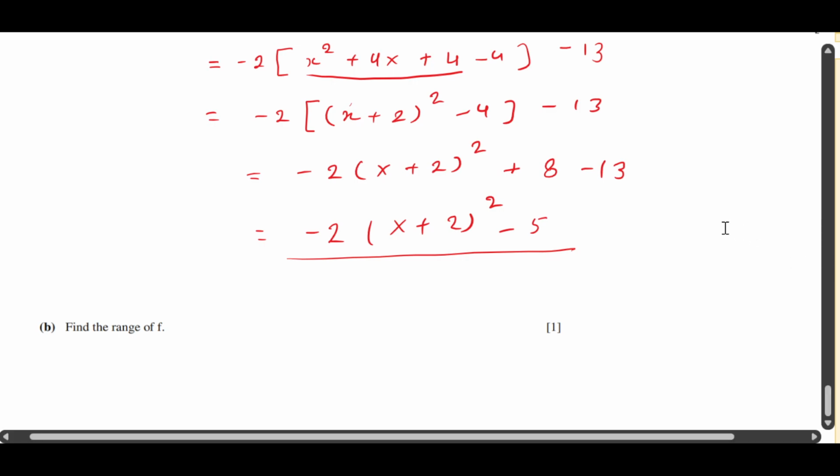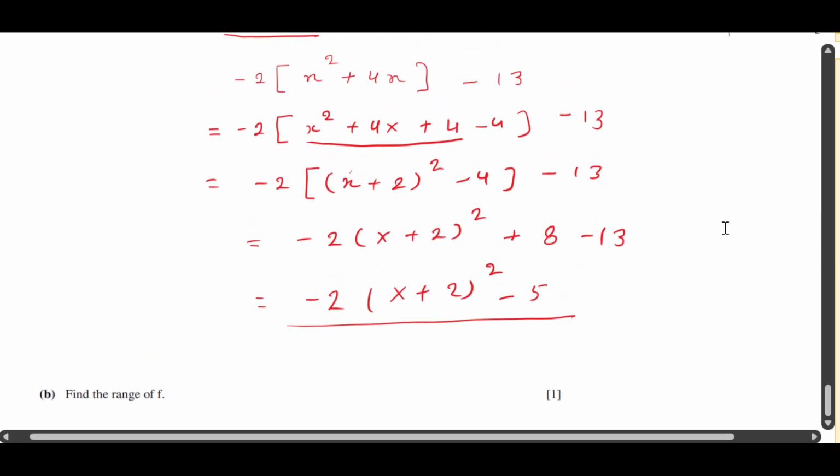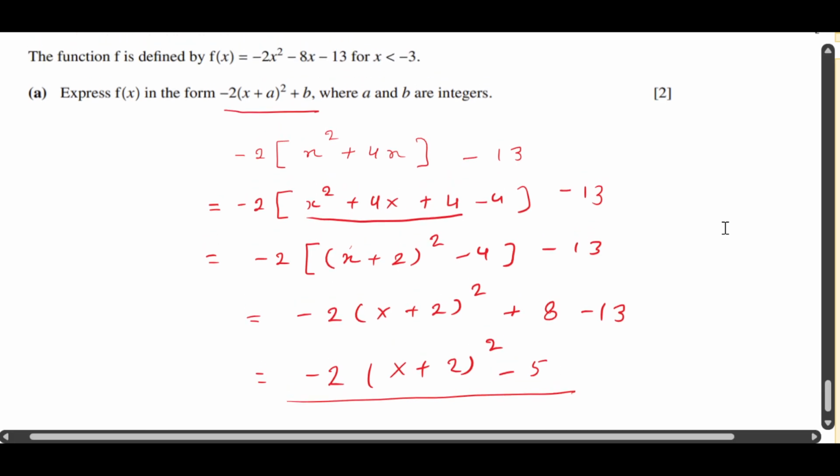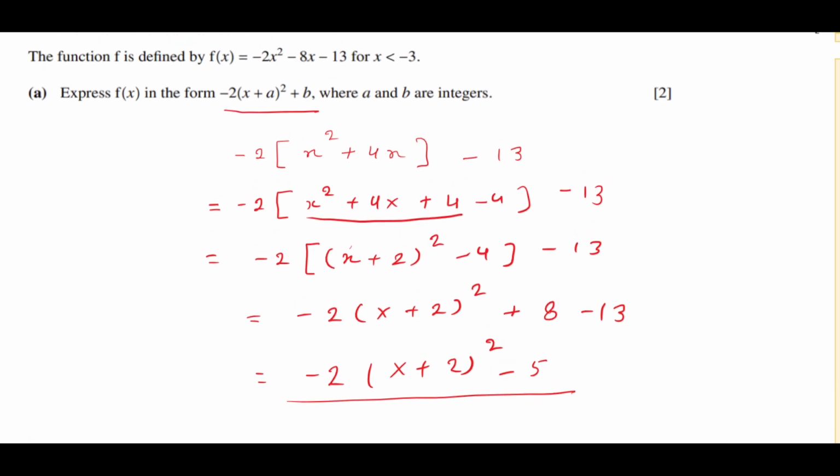If you see your function f(x), we have expressed it like this. But here you also have to see the condition in the problem. What condition is given?